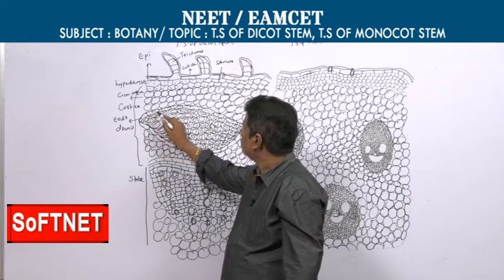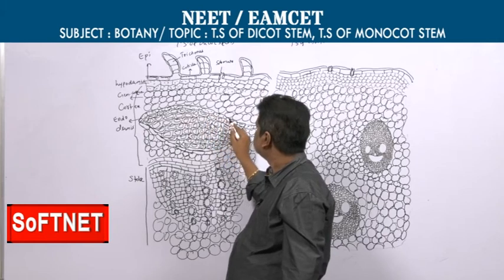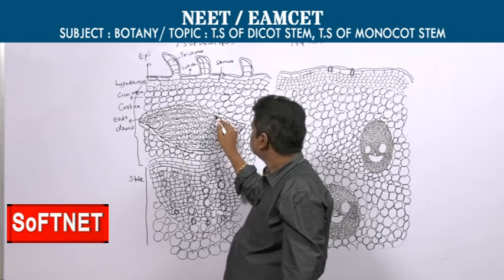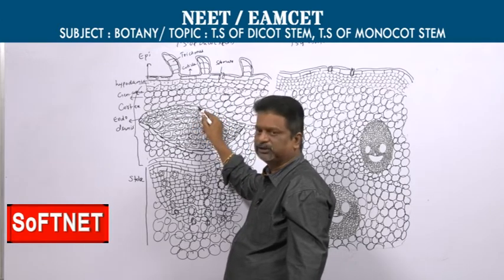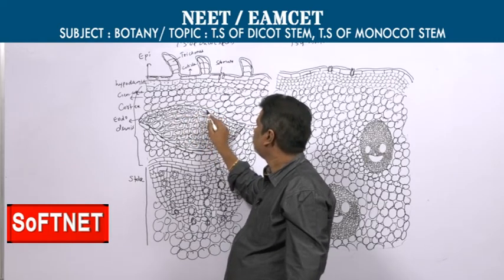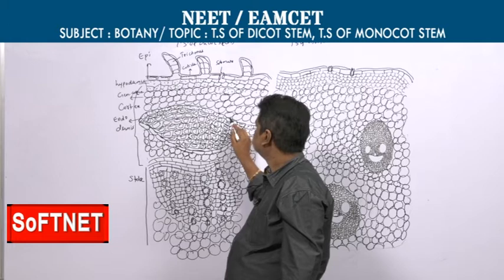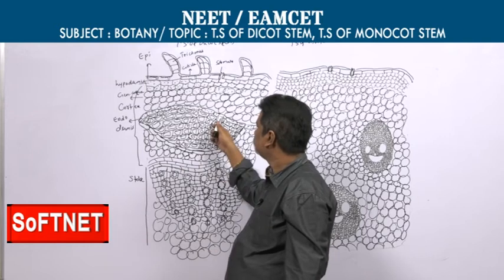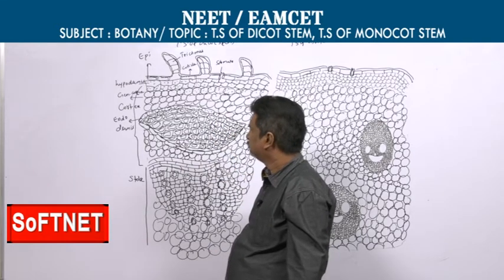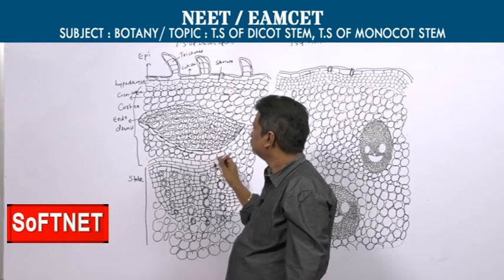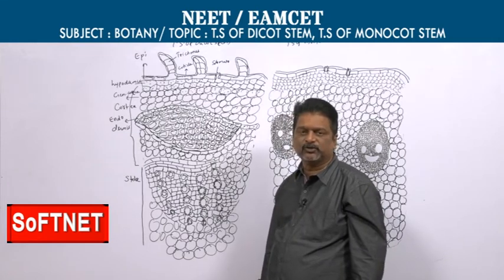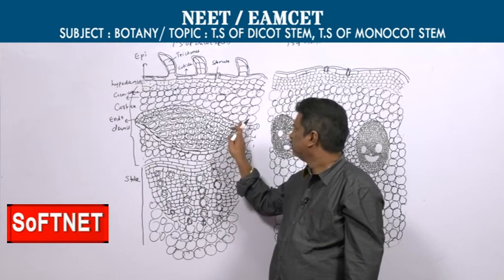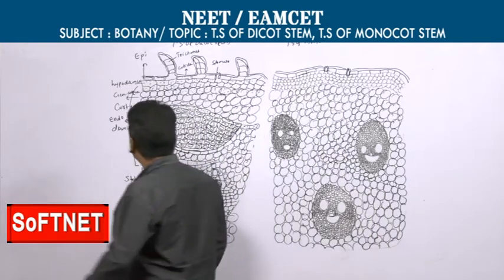The next one, endodermis. Endodermis is the innermost layer of the cortex. Endodermis is generally unilayered and the cells have ligno-suberin thickenings called Casparian thickenings. Then intercellular space is absent. Here in dicot stem, endodermis stores starch, hence this endodermis is called starch sheath.